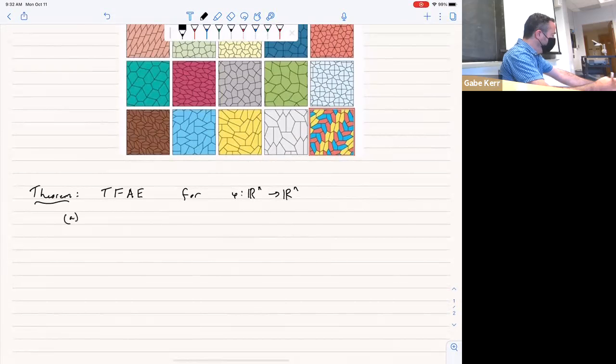A: B is an isometry, meaning it preserves distances, and it fixes the origin.